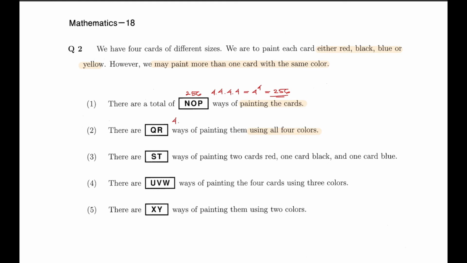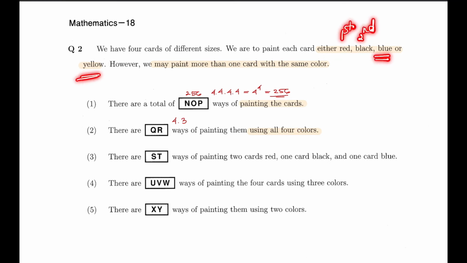And then for the second card, I only have 3 possibilities. So let's say I use red for the first card. So for the second card, I cannot use red. I only have black, blue, or yellow. So for the second card, I only have 3 possibilities. And then for the third card, let's say for the first card, I use red, and for the second card, I use black.